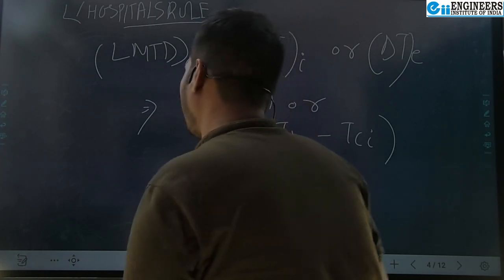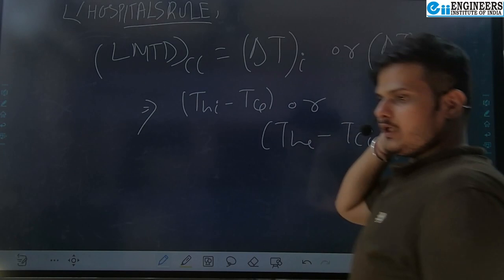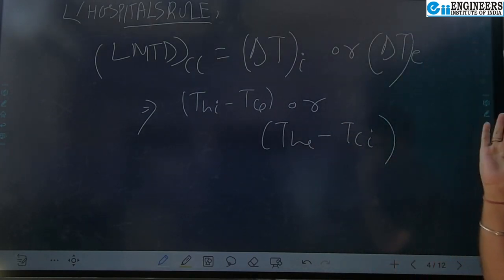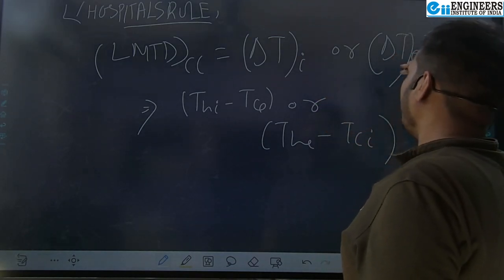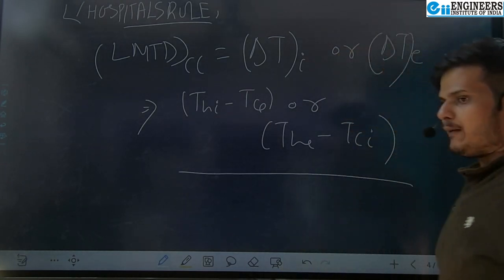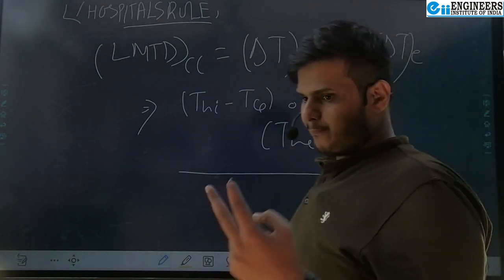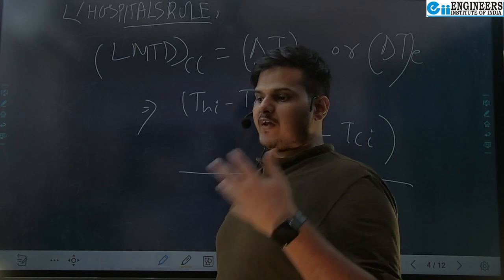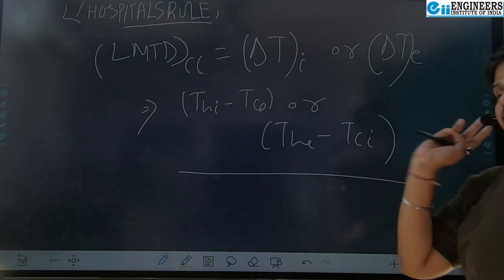So as per L'Hopital's rule, the LMTD of a counter current heat exchanger for the same mass, same heat capacity will be either del Ti or del TE. That will be either of these two temperature differences. So these are the two basic parts from which we face most of the problems in our GATE examination, and the 2 marks question is fixed from this section.